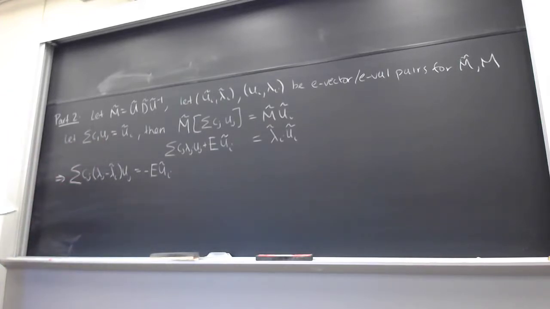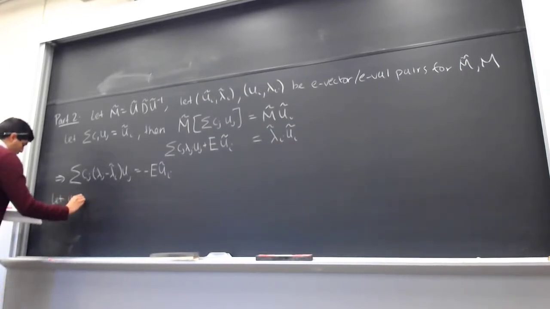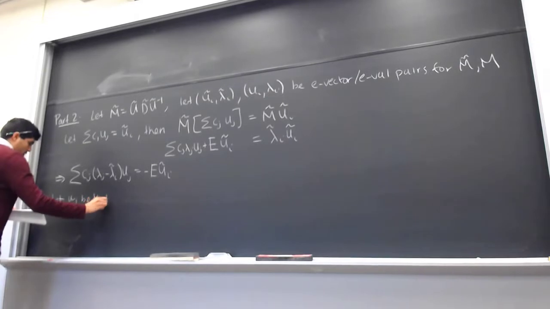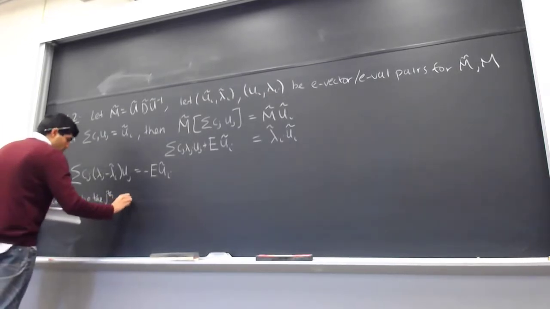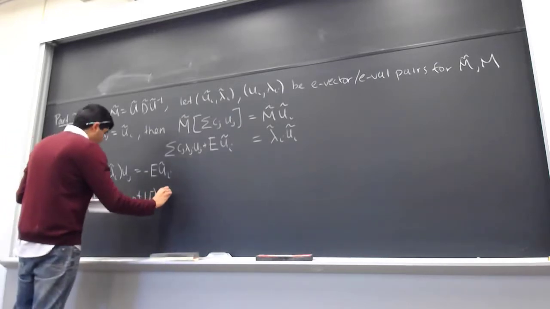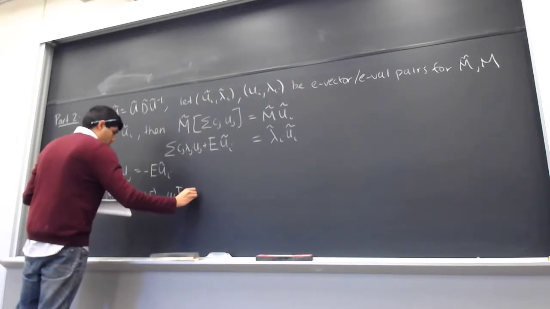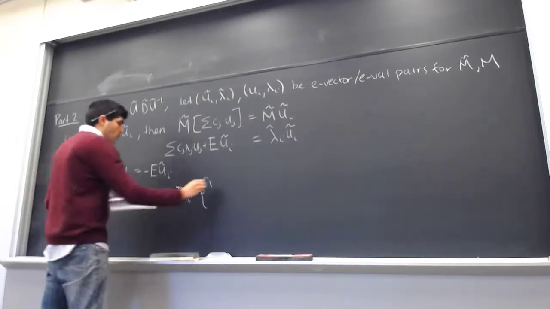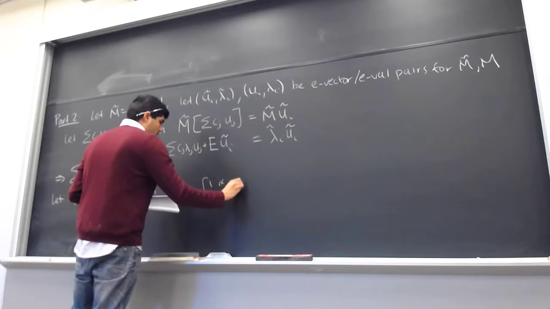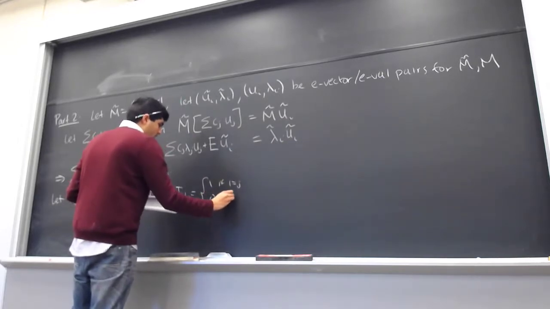The key point is that we're going to let WJ be the jth row of U inverse. Then we know that WJ transpose times UI is equal to 1 if I equals J and 0 else.